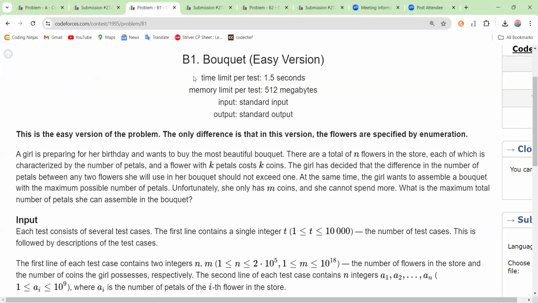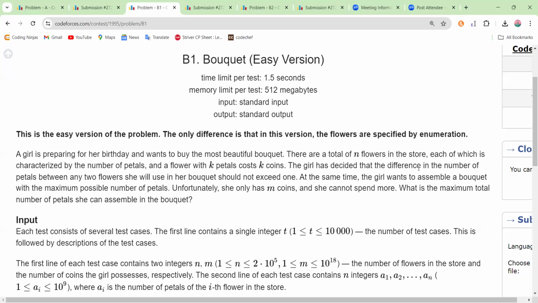So the next question was B1. There were two parts, B1 and B2. B1, Bouquet, is the easy version. So let's see what the question says. A girl is preparing for her birthday and wants to buy the most beautiful bouquet. There are a total of n flowers in the store, each characterized by its number of petals, and a flower with k petals costs k coins.